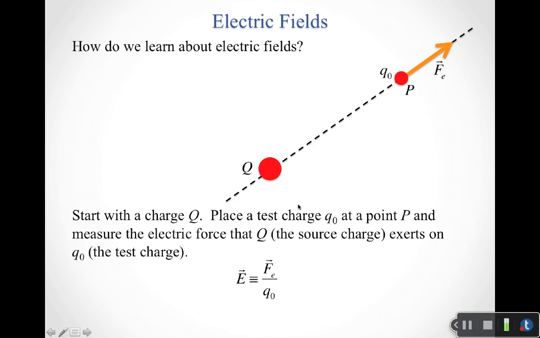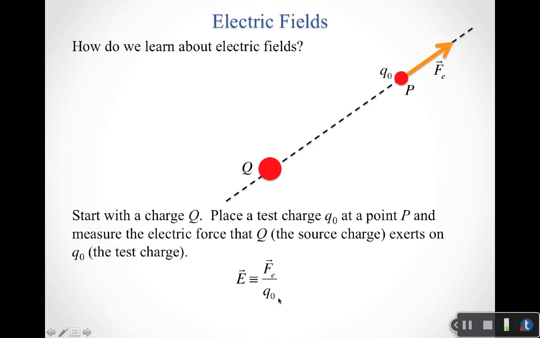In the same way that with the gravitational field we didn't want it to depend on the test mass, but only on the source mass, I'm going to do the same thing here. I only want the electric field to depend on the source charge and not on my test charge that I'm using to probe the field.